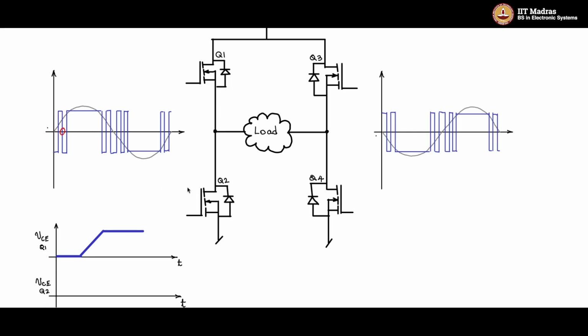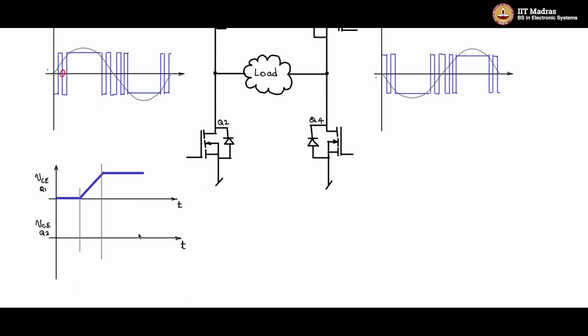What's happening to Q2? Up to this point, Q2 had been off, which means it is supporting high voltage. So let me indicate it with these timelines. Let's say that Q2 is now supporting high voltage across its drain source or collector emitter.